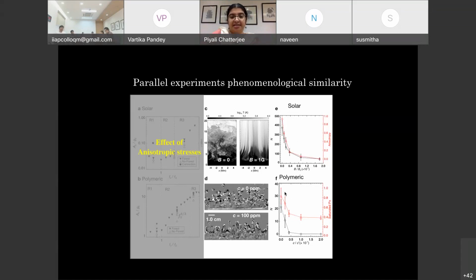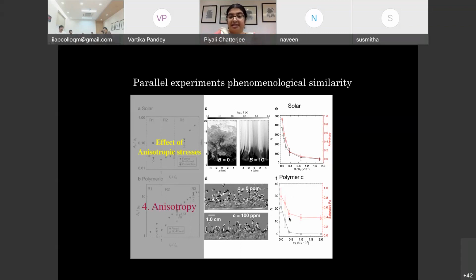Similarly, in the polymeric case, we count the droplets, or we measure the turbulence, and we also find that as you increase the concentration of the polymer, this turbulence is suppressed. So there are these very similar plots for the case of solar and polymeric.